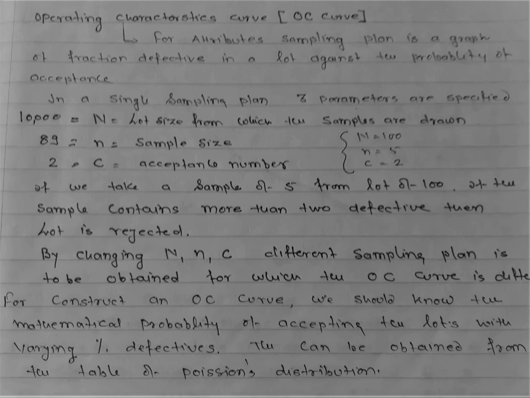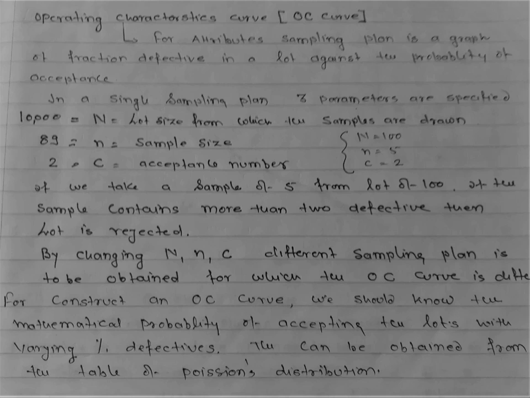That means if we are producing 10,000 items and we are taking a sample of size 89, and if 2 are defective, then we can say it is an acceptable lot. That means out of 89, if 2 deviate from the desired dimensions, then we can say it is an accepted lot.